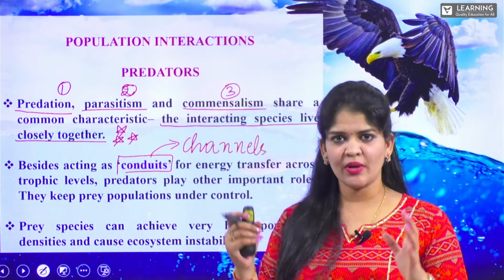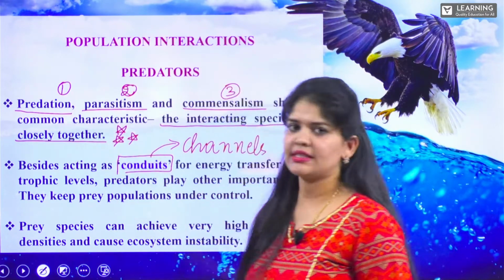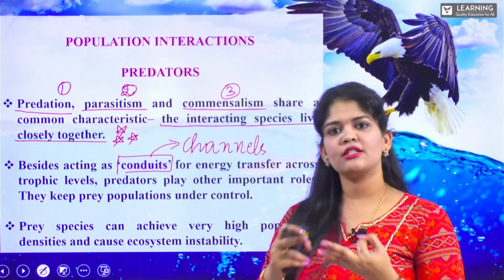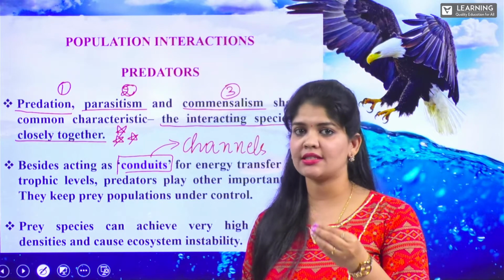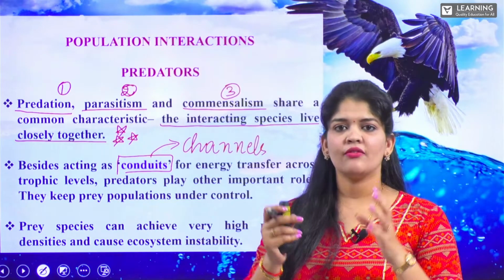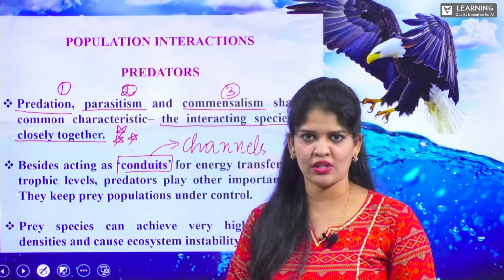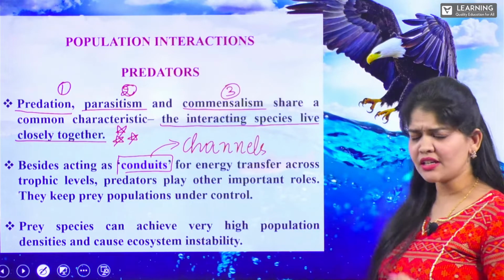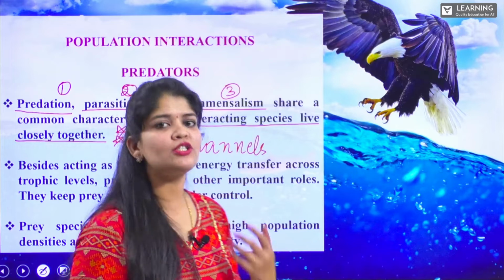So it is very important to understand: the 3 interactions, predation, parasitism and commensalism, share a common characteristic feature, where the interacting species live in a close association. That means they live closely together.